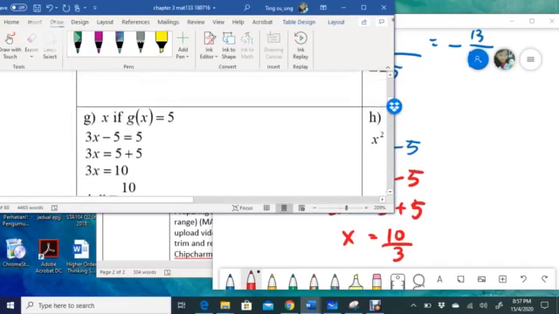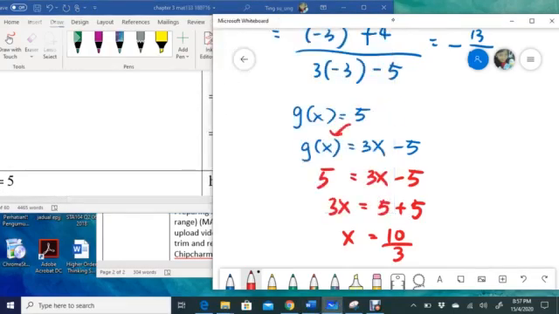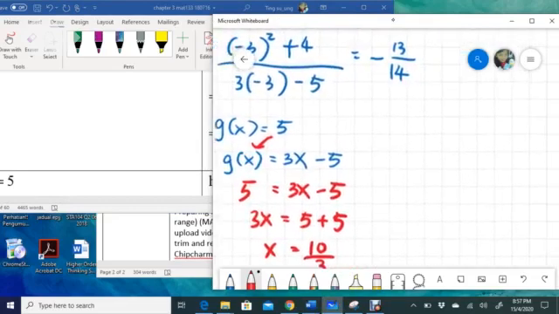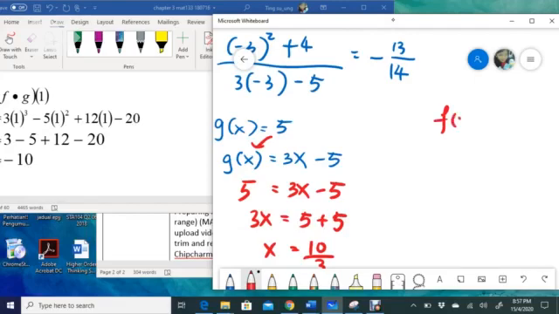Okay, so let us look into h. Same thing. The question said f(x) equals 5, whereby the function given is f(x) equals x squared plus 4. Just substitute in.